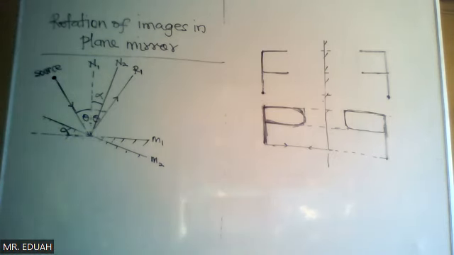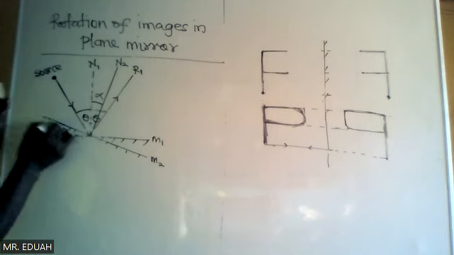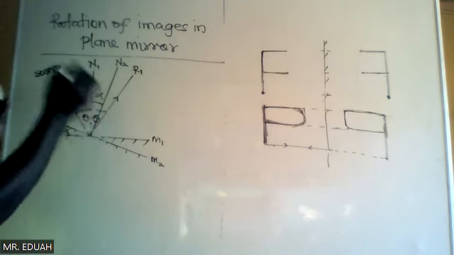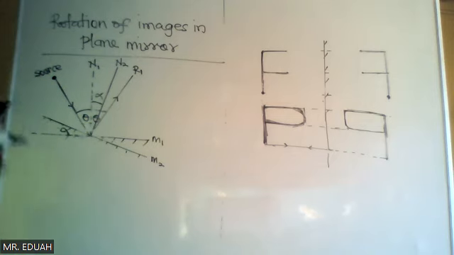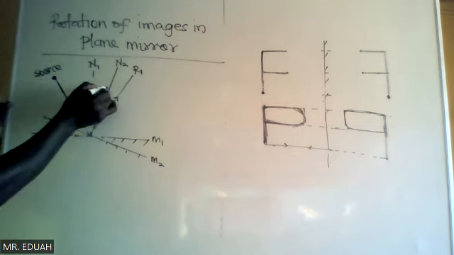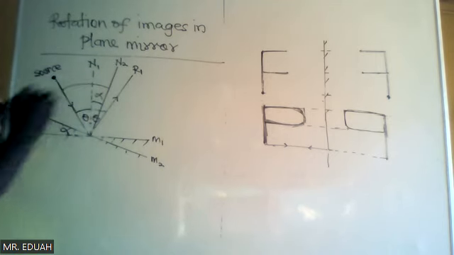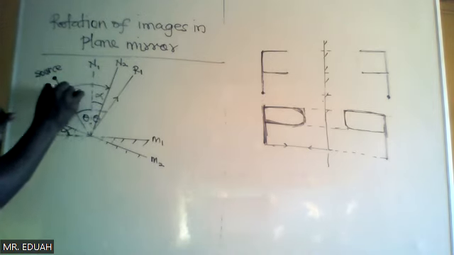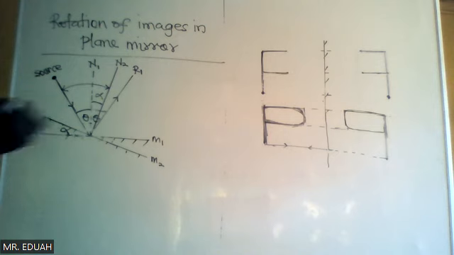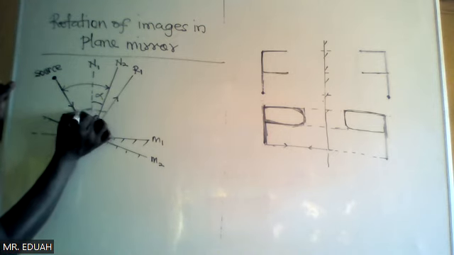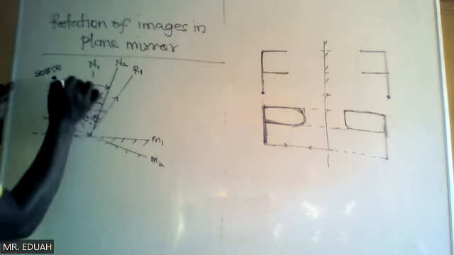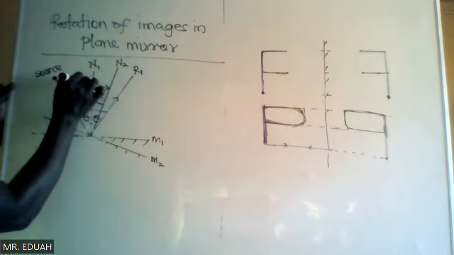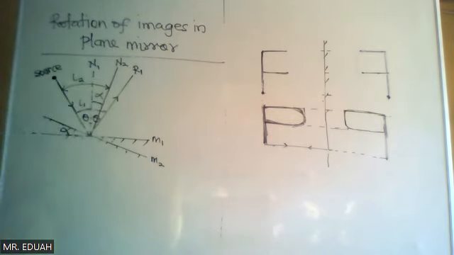Now, once this is the new normal, it means that the new angle of incidence will be between N2 and the source. This will be the new angle of incidence. This is the first angle of incidence, I1. This is I2, with respect to the rotation of the mirror.